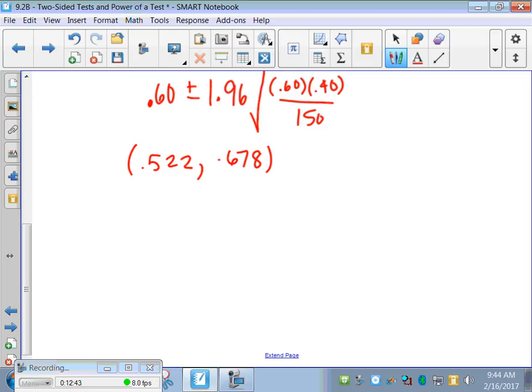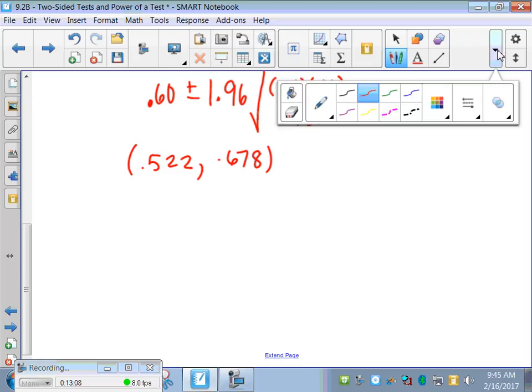Actually, the confidence interval gives us more information because it gives us a range of numbers to accept versus just saying, is the 60% going to work or not, right? So instead of just that one number, we actually get a range of numbers. One more thing, when you're doing two-tailed tests, these work really similarly.